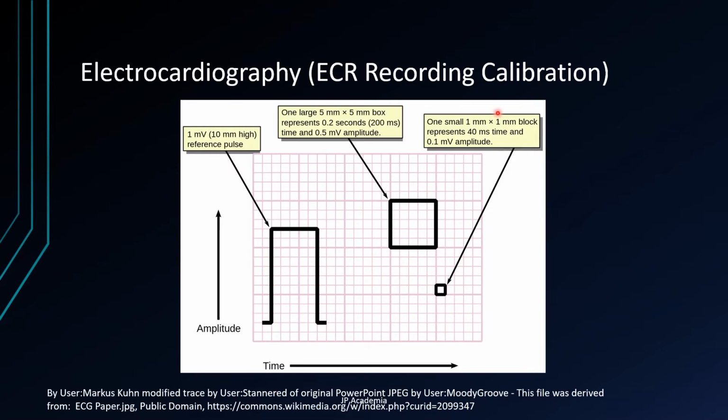A large box, such as this one, is 5 millimeters by 5 millimeters and represents 0.5 millivolts for the vertical, and for the horizontal that's 0.20 seconds. The rate of the heartbeat can also be determined from this easily, because the heart rate is the reciprocal of the time interval between two successive heartbeats.